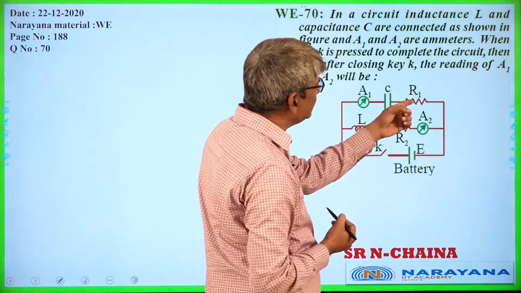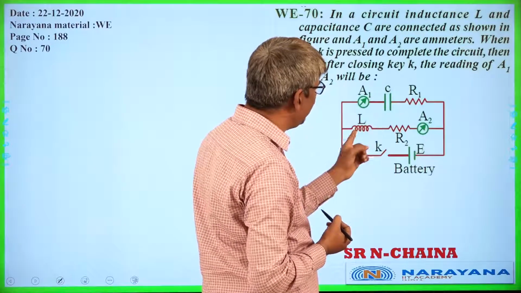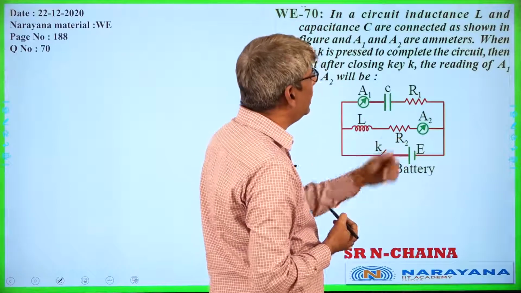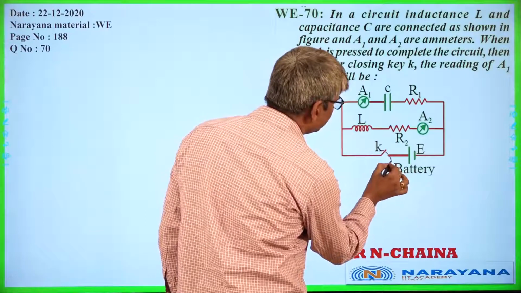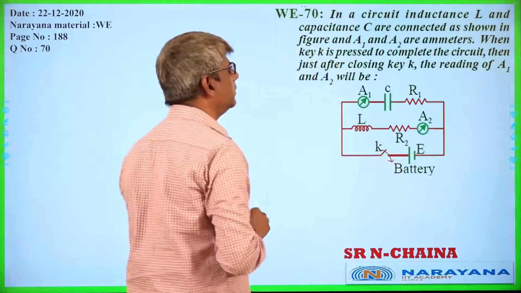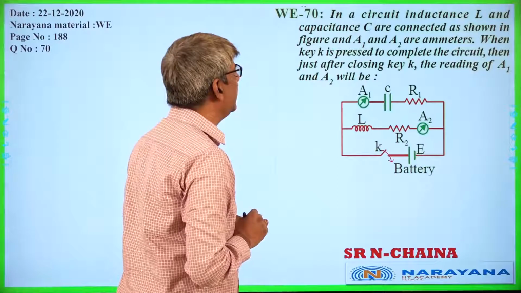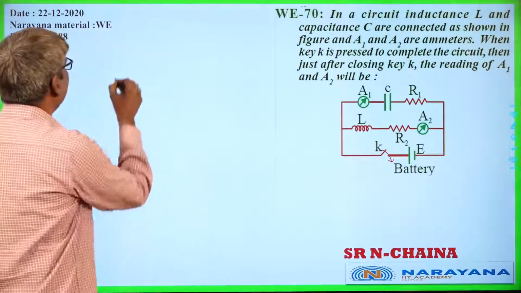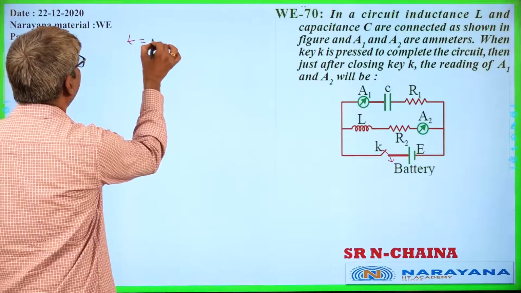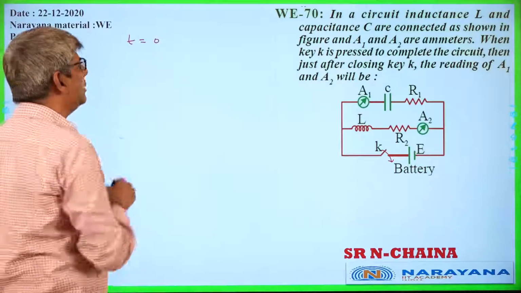In the above branch it is a CR1 circuit. In the below branch it is an LR2 circuit. When the key is pressed, meaning closed to complete the circuit, just after closing the key, meaning at t is equal to 0.